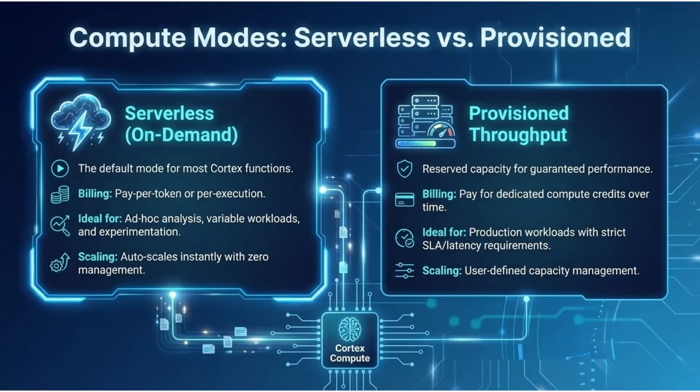For any kind of production workloads where SLAs are involved, provisioned throughput is the right choice. Serverless is just like pay as you go, postpaid. Provisioned is the capacity which you go and decide.